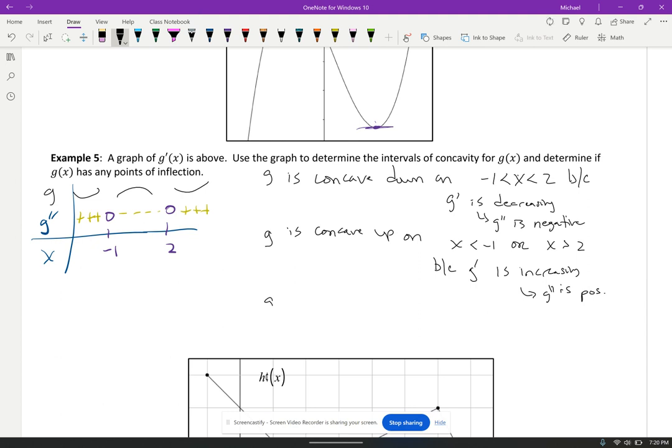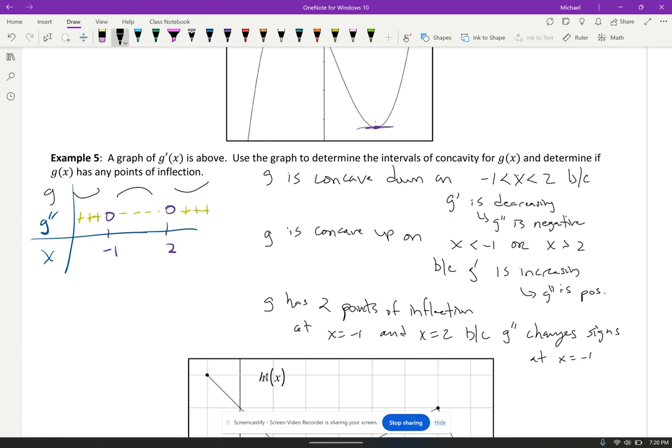And then finally, g has 2 points of inflection at x equals -1 and at x equals 2 because g double prime changes signs at those points.